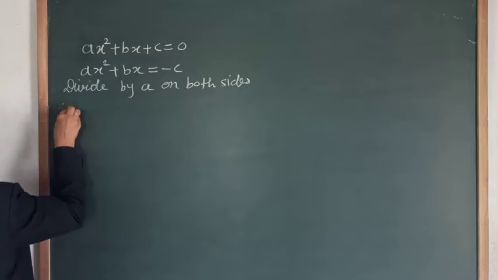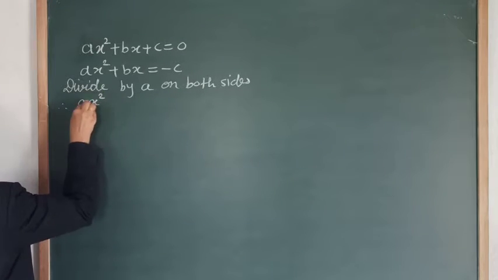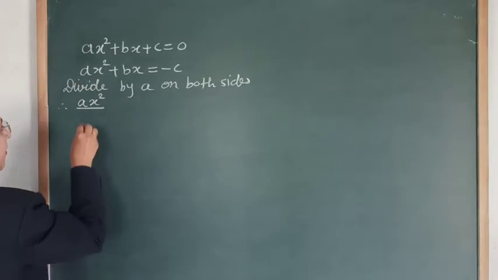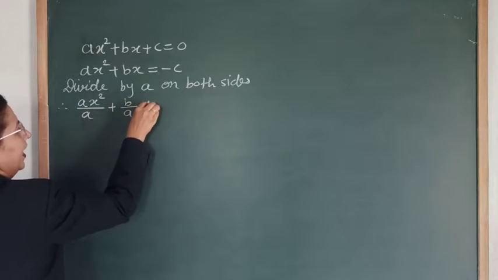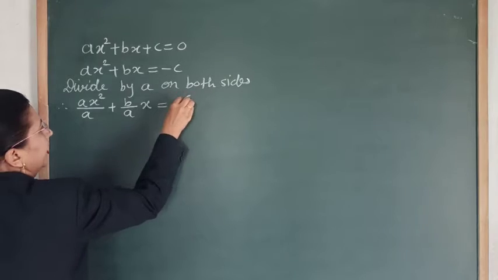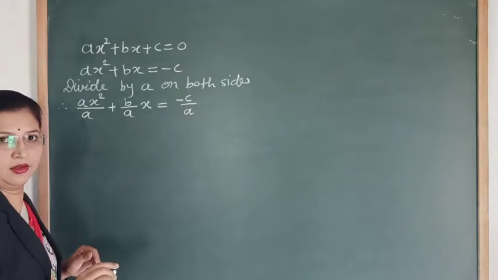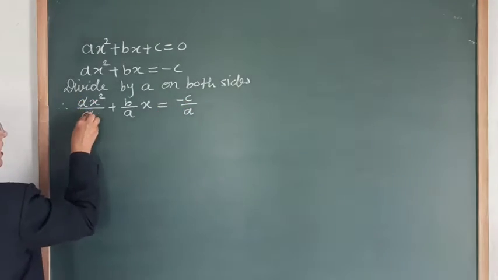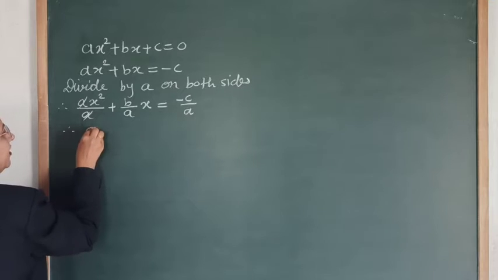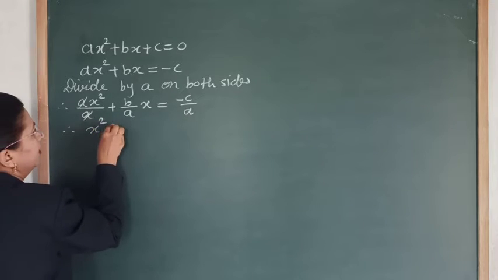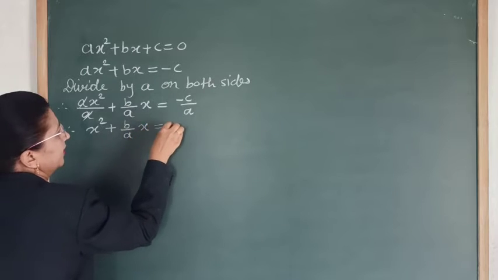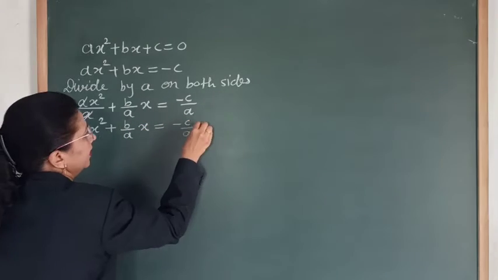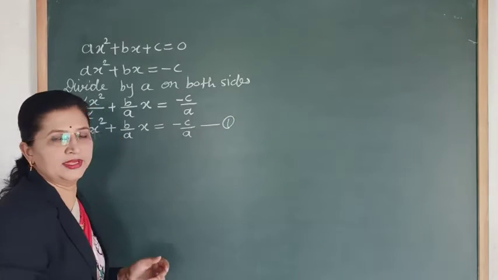Here, as we divide, we get x square upon a plus b upon a x is equal to negative c upon a. Now here this a will get cancelled and we will get the equation x square plus b upon a x is equal to negative c upon a. So this is our equation number first.